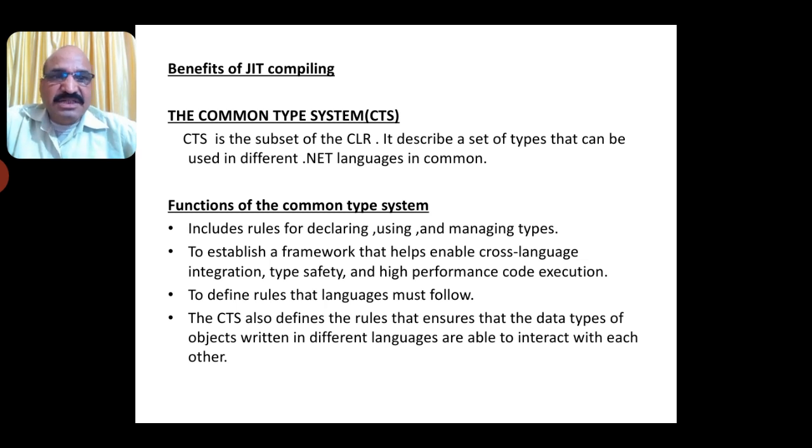The CTS also specifies the rules for type visibility and access to the members of a type. That is, the CTS establishes the rules by which assemblies form a scope for a type, and the CLR enforces the visibility rules.